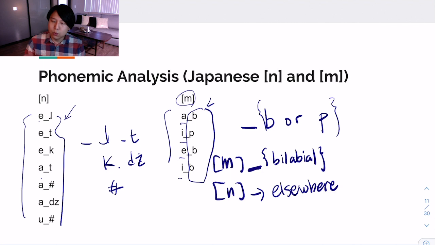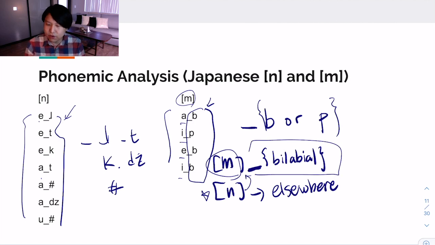So we set N as a default sound because it's easier to make a rule that derives the M sound from N by denoting an environment in front of bilabial. It's hard to make a set of rules that decide these 7 environments.